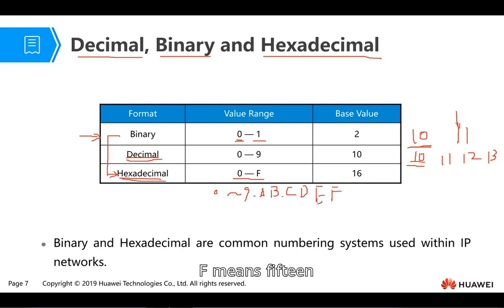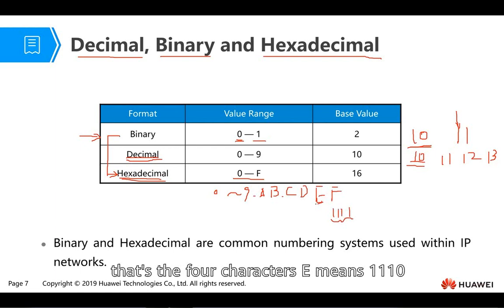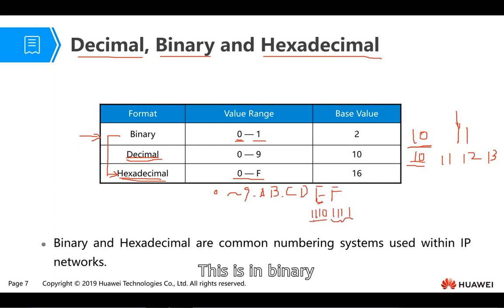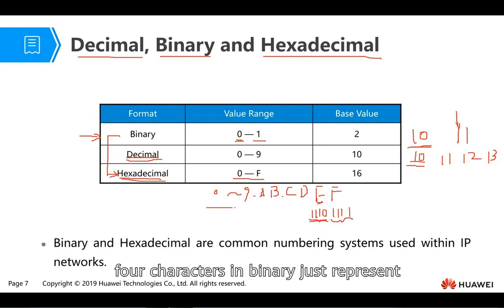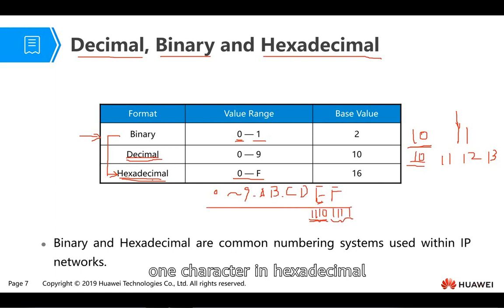15 in binary is just 1 1 1 1, that's 4 characters. E means 1 1 1 0 in binary. So 4 characters in binary represent 1 character in hexadecimal.